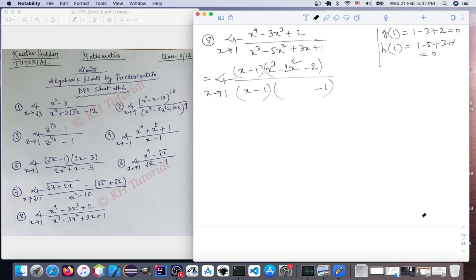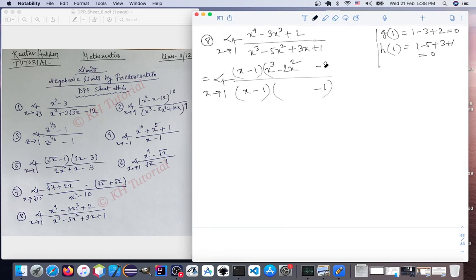Now because of minus 2, there is no x squared term, but over here we are getting 2x squared.